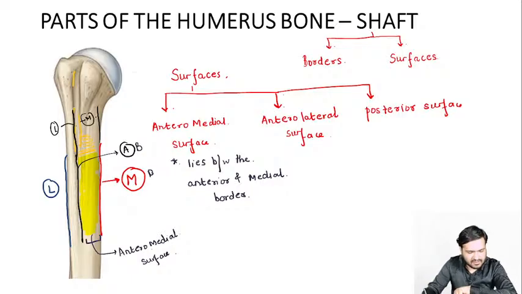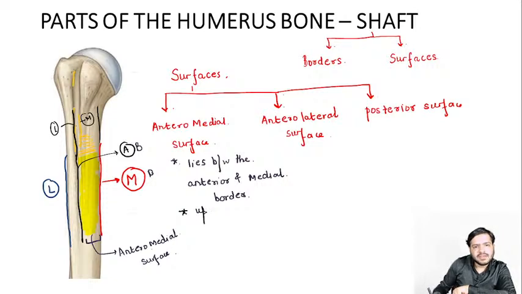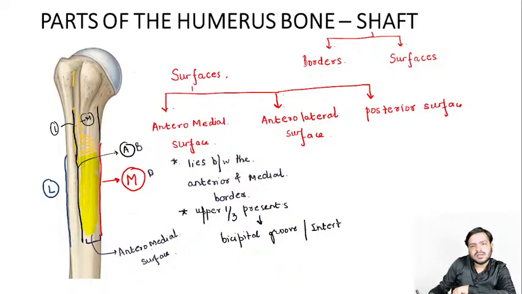You have to mention this also in your notes: the upper one third of the anteromedial surface presents the bicipital groove, or simply the intertubercular sulcus, and over here you will have a floor plus two lips, that is lateral and medial.